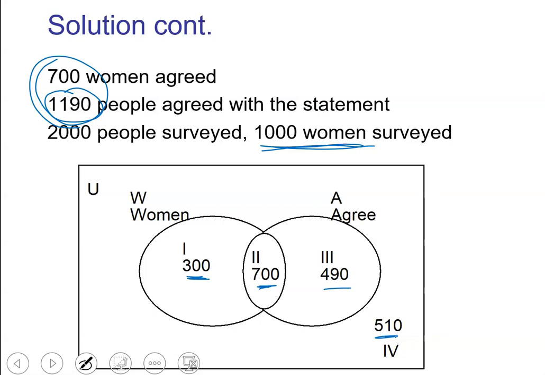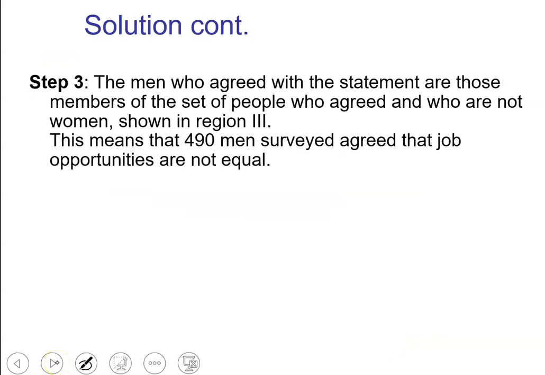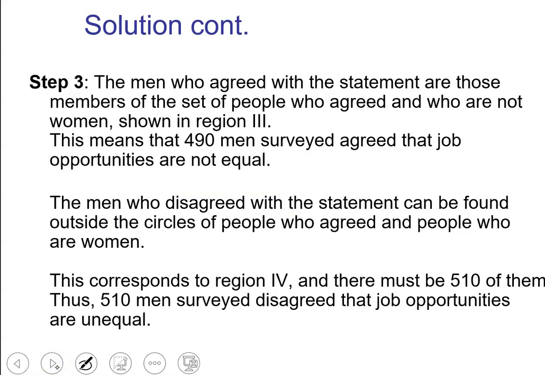Then that tells us more information. Men who agree with the statement are those members of the set of people who agree and who are not women, which is region 3. That means 490 men surveyed agreed that job opportunities are not equal.